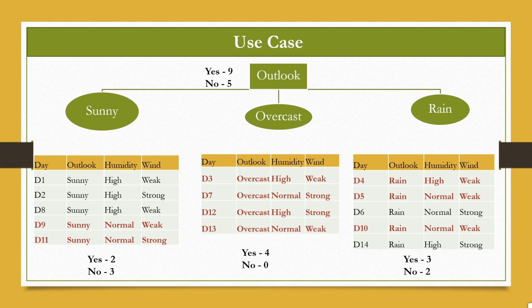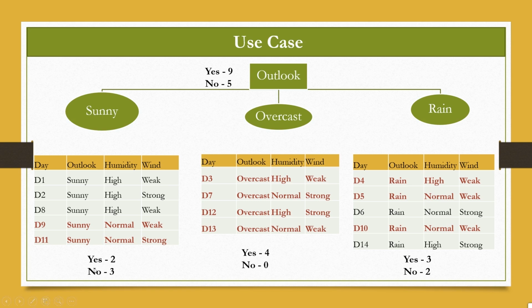So here, if you see, on day 1, day 2, day 8, day 9 and day 11, the outlook has been sunny. So basically we try to place the data set depending on the outlook. When the outlook is sunny, this is our data set. When the outlook is overcast, this is what we have, and when the outlook is rain, this is what we have.